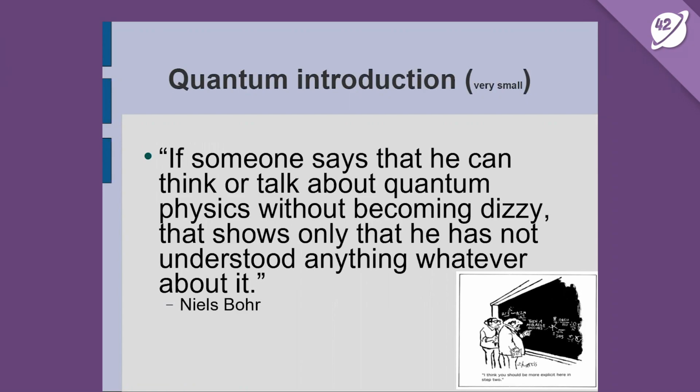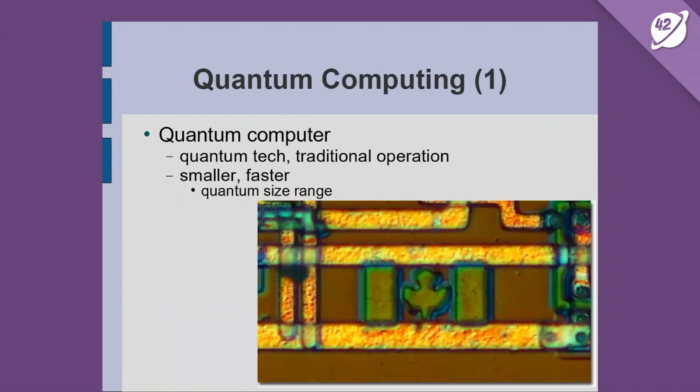So, we'll do that. Now, one of the aspects of quantum technology with computers is that we can have quantum technology to aid us in producing traditional computers.